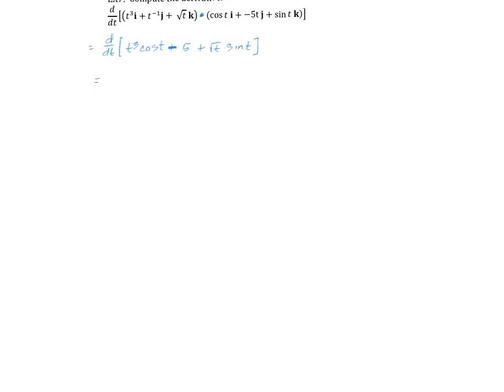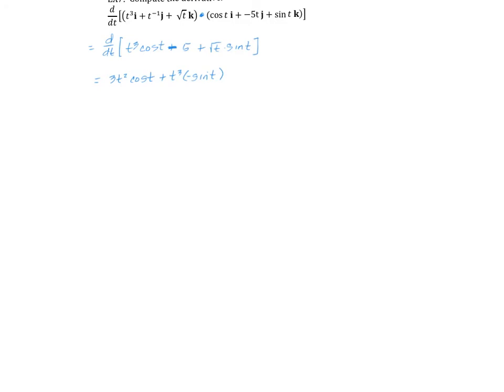So I'm going to do derivative of t to the 3rd, so 3t squared, keep the cosine, plus keep the t to the 3rd. The derivative of cosine is negative sine. I'll clean that up later. The derivative of -5 is just 0.